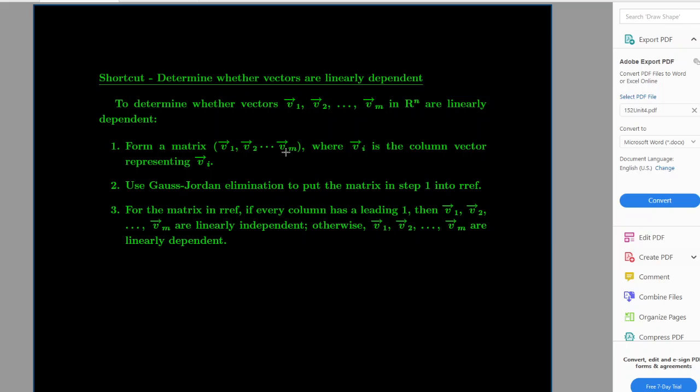Then you perform elementary row operations to make the matrix into REF. After getting the matrix in REF, if every column has a leading one, then the given vectors are linearly independent. Otherwise, it means not every column has a leading one, then the given vectors are linearly dependent. Okay.